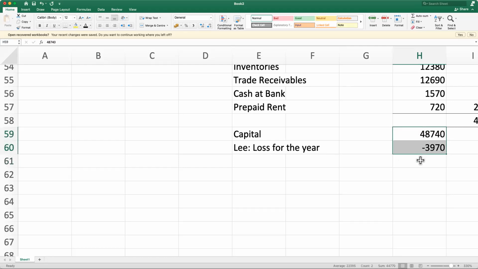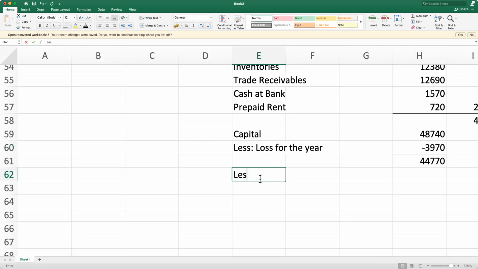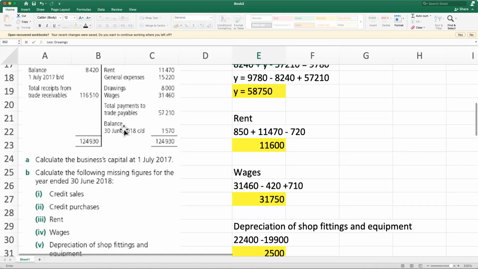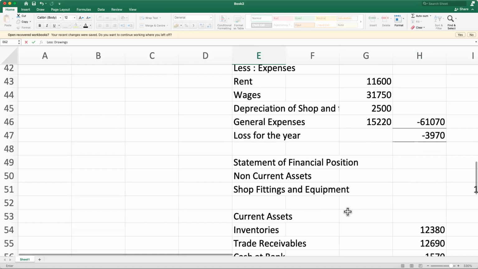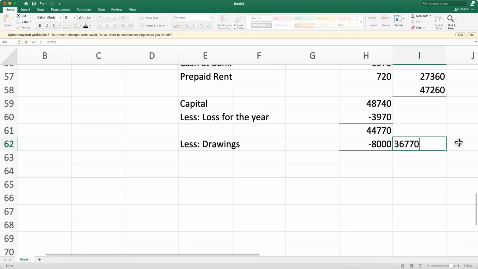So the number here is 44,770. And then we need to less some drawing as well. Drawings can be seen in your cash flow. This is only a cash balance, 8,000 here, so it is to reduce the capital as well. 8,000. So we should get a figure of 36,717. Nothing to be done here after that.